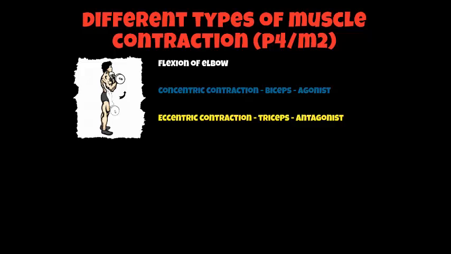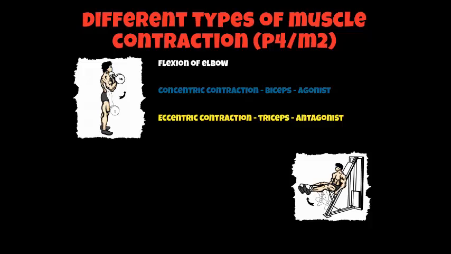As we know, your biceps will concentrically contract when we flex at the elbow joint. Therefore, this is the agonist because this is the muscle that shortens. Whereas your triceps, as we found out, would be an eccentric contraction, and therefore it's an antagonist muscle because the muscle is lengthening.